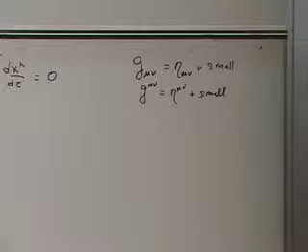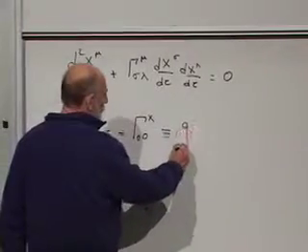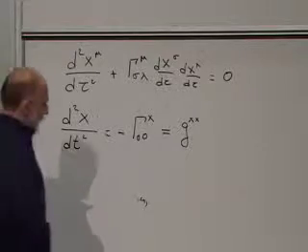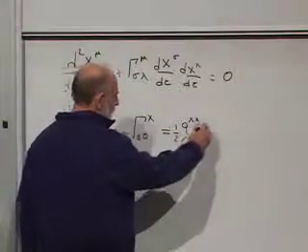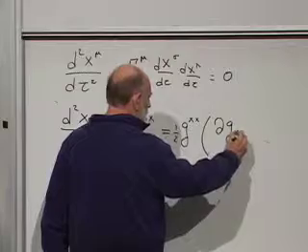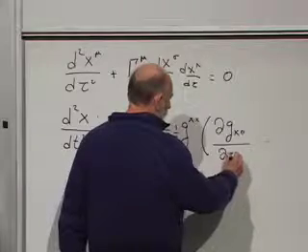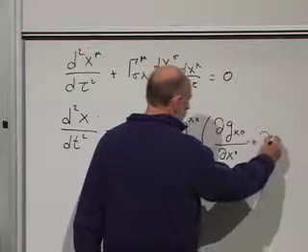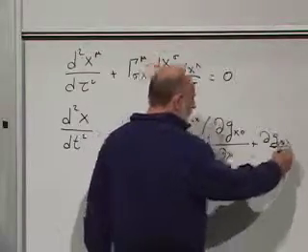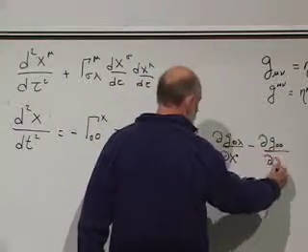Okay, so let's write out what this gamma symbol is. It's equal to g xx with upstairs x's, 1/2 times the derivative of g x0 with respect to x naught plus the derivative of g x0 x with respect to x naught minus the derivative of g naught naught with respect to x.